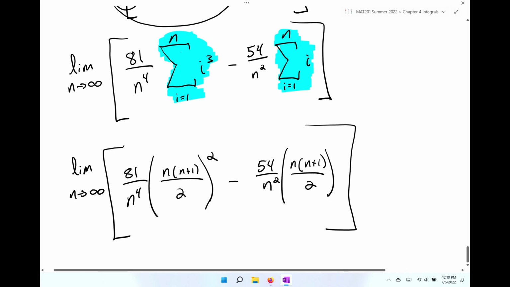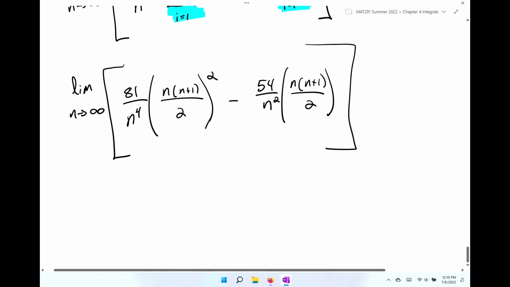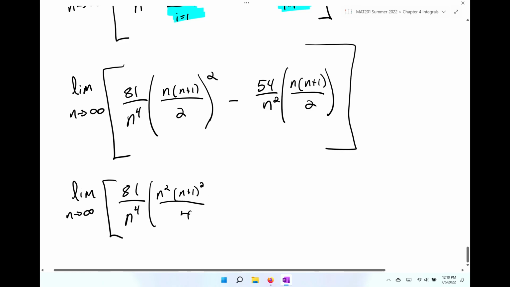All right. Now from here, we get the limit as n goes to infinity of, now you got to be careful. This turns out to be n to the second times n plus 1 to the second over 4, minus, I'm going to go ahead and simplify this real quick.